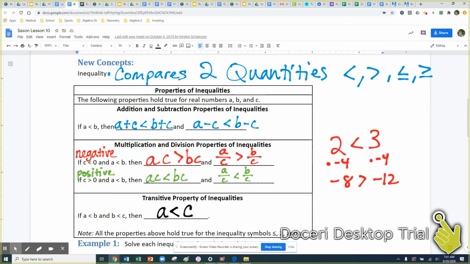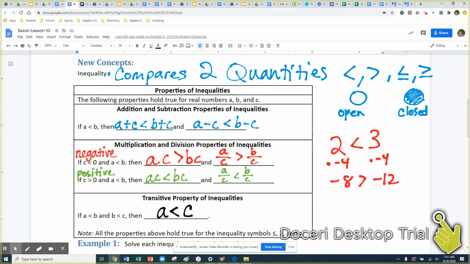The other thing that we are going to do today is we're going to look at graphing. And when we graph inequalities, since inequalities technically have infinite solutions, we're going to use an open dot to represent greater than or less than, and then we use a closed dot to represent the less than or equal to, greater than or equal to.